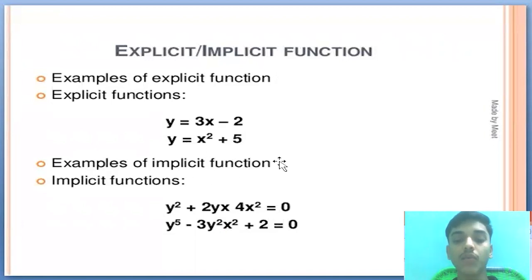Here is an example of an implicit function: y squared plus 2yx plus 4x squared equals 0, or 5 to the power minus 3x squared y squared plus 2. So this is known as an implicit function, and that is known as an explicit function. We have now seen the difference between the two.